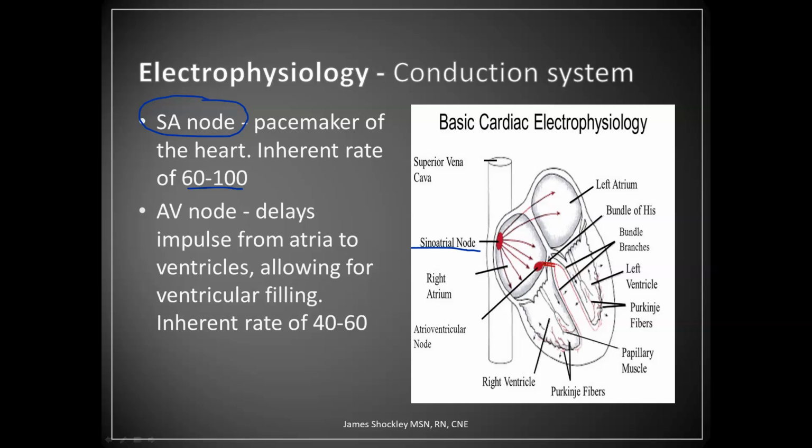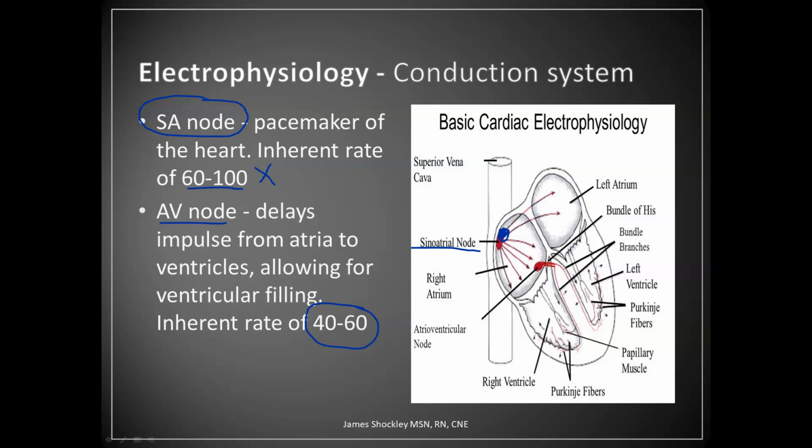Now, if something were to happen to your SA node, and it could be a myriad of things, right? It could be you've had a massive MI that destroyed this portion of the heart, you have sick sinus syndrome, you have all sorts of conduction issues. Then you want to make sure that your heart has an okay AV node, because right after this fails, your heart rate will actually go from an inherent rate of 60 to 100 to 40 to 60.